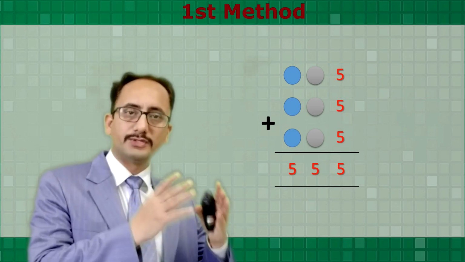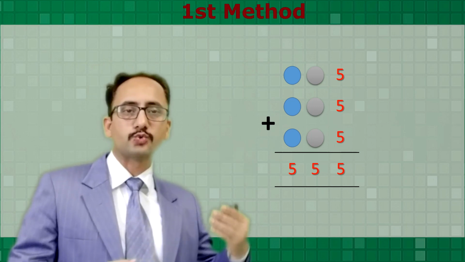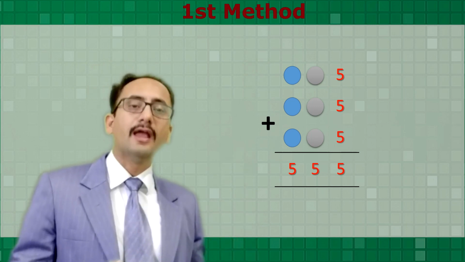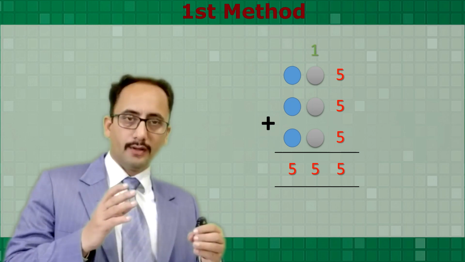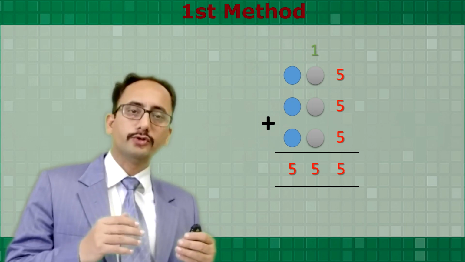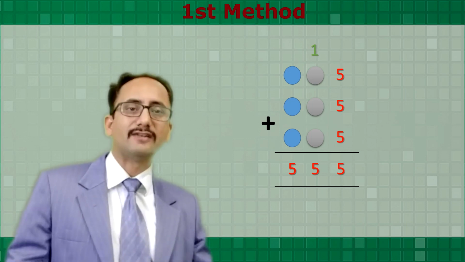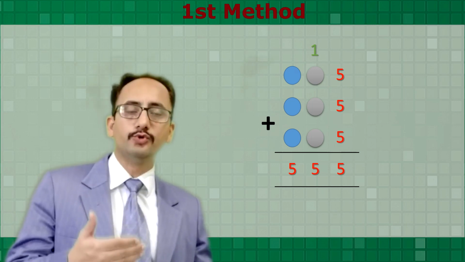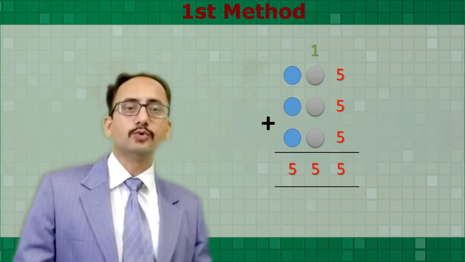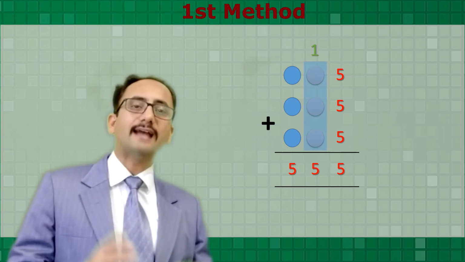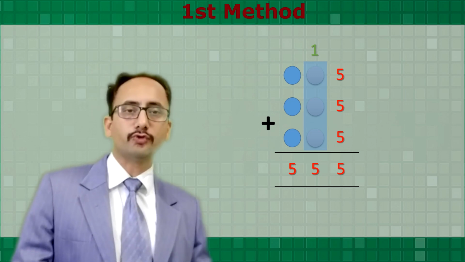Now let's again observe the problem. 5 plus 5 plus 5 is 15 and 1 is carried forward. Now when the gray dot is added to itself 3 times, or when I multiply the gray dot by 3, the units place has to be equal to 4. Let's again observe the multiples of 3.